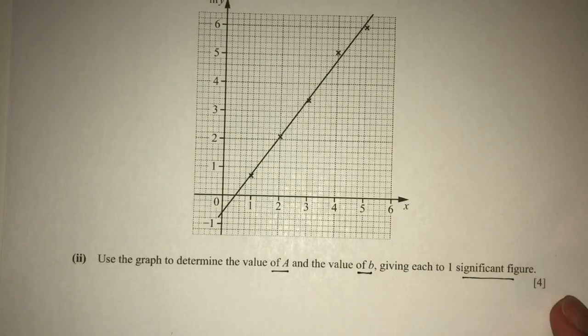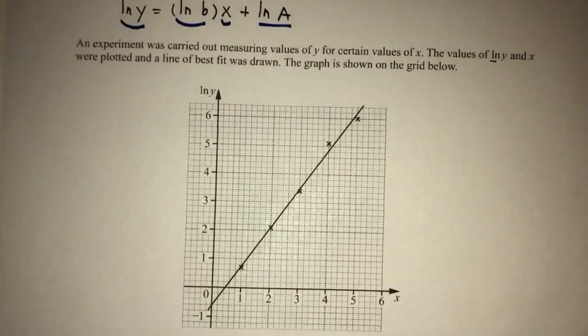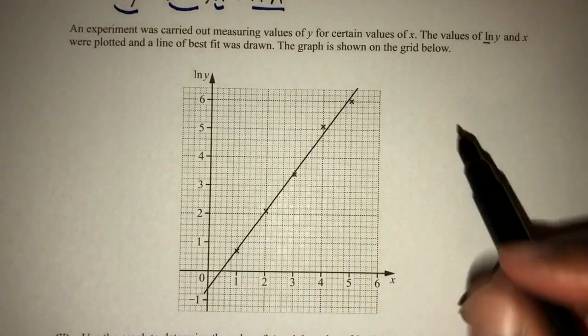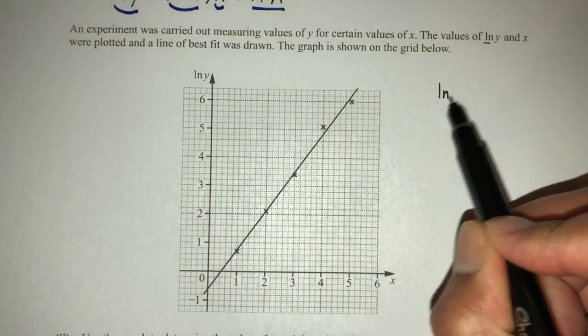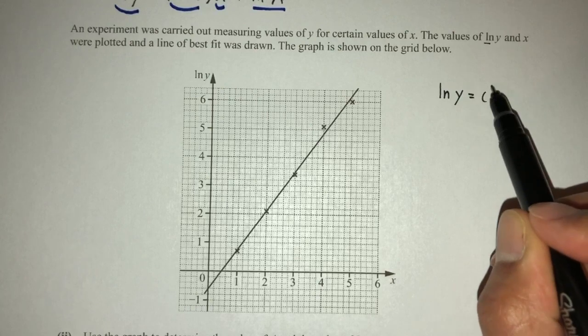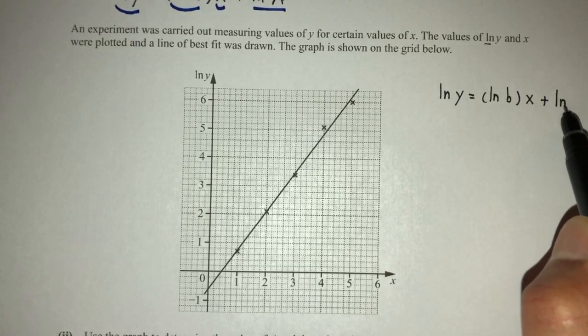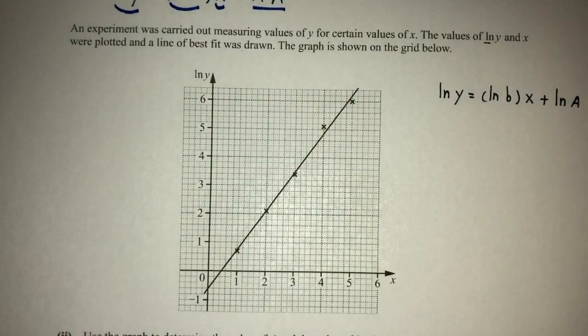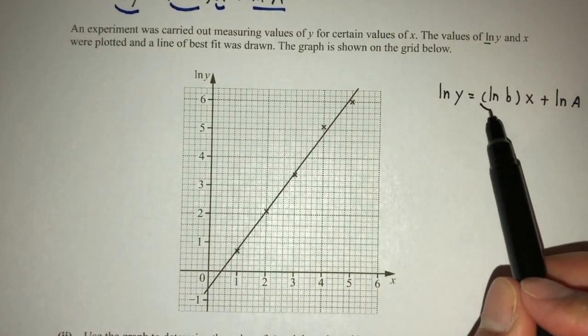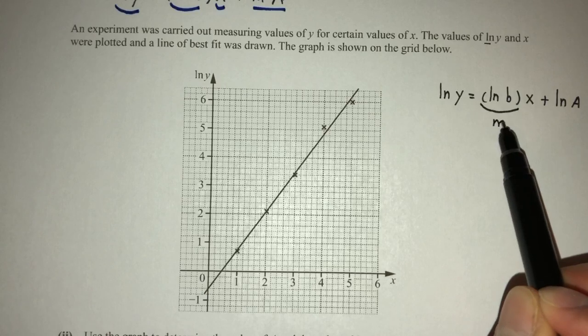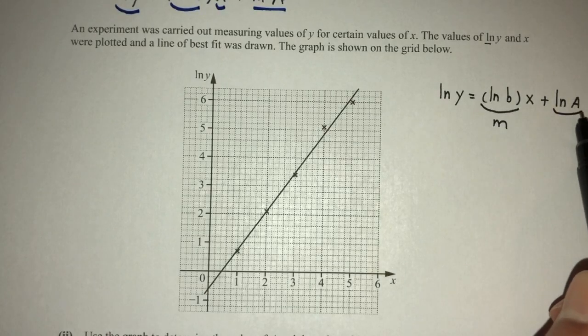So now we have to use the graph, but also we have to look at our main equation. The equation that we have received is ln y is equal to ln b times x plus ln of a. As we have explained, this value here will be the gradient, m, and this value here will be the y-intercept.